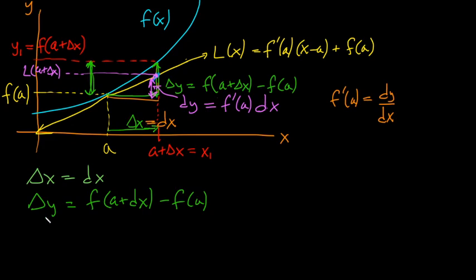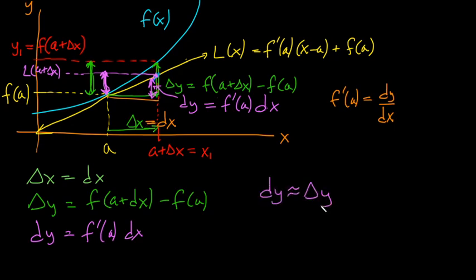On the other hand, dy is f prime of a times dx, and that's this difference here. So you can see they're not exactly the same. They're close, but not exactly the same. And so we can write that dy is an approximation to delta y.